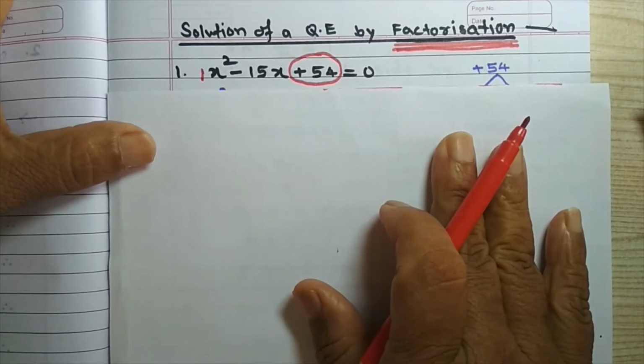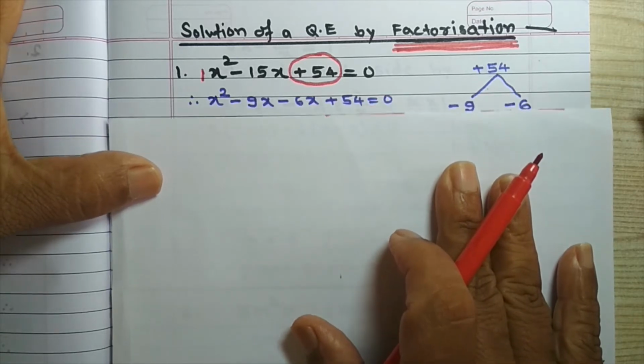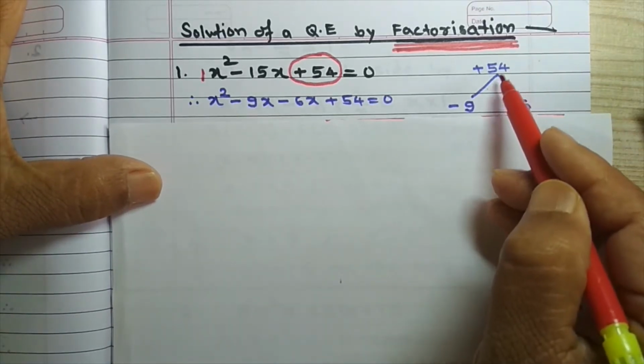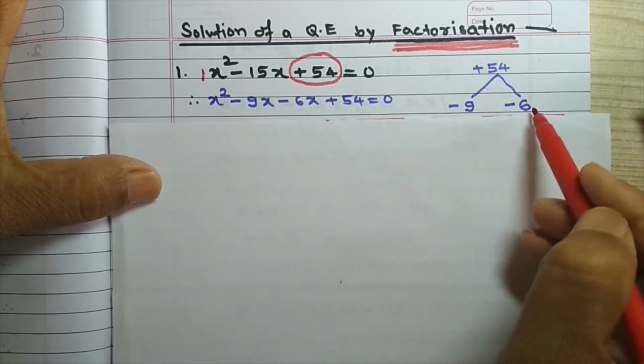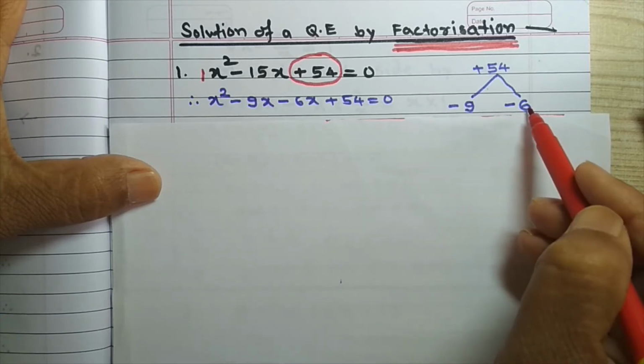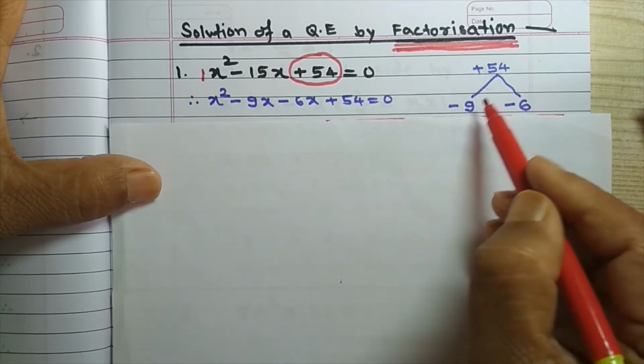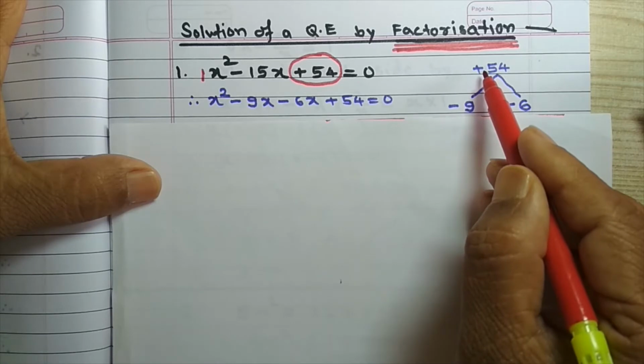The multiplication of these two factors, 9 sixes are 54, and minus into minus gives plus.